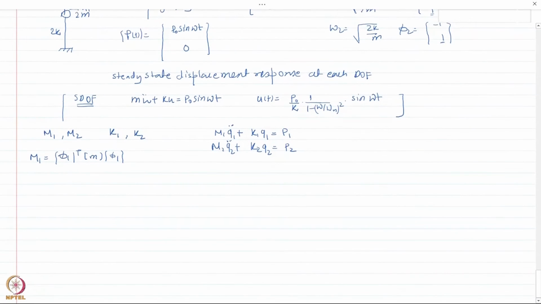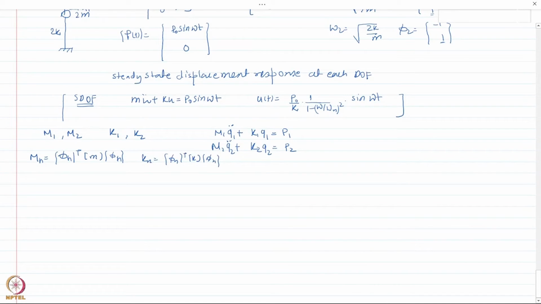So we can substitute those quantities for m1, m2, and so on. Let us say mn is this, and your kn is phi n transpose times the stiffness matrix times phi n.